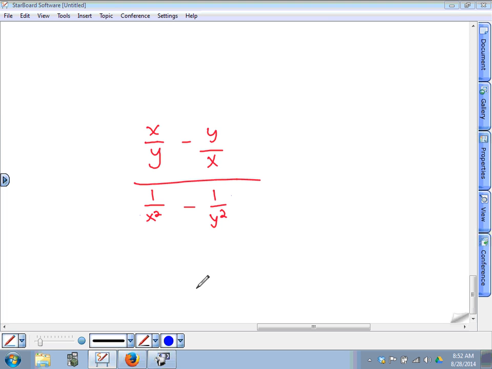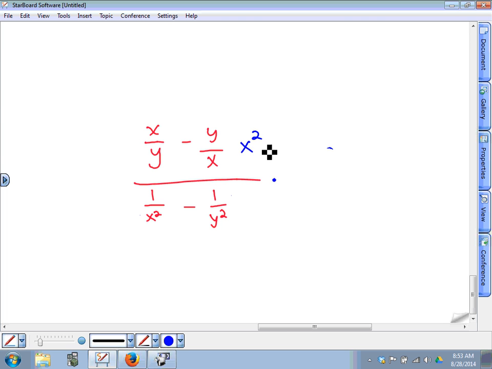So what you could do is multiply the top and bottom by the common denominator. Because really, this is just 1, isn't it? So I'm not changing the value of this expression. So let me write this a little different.